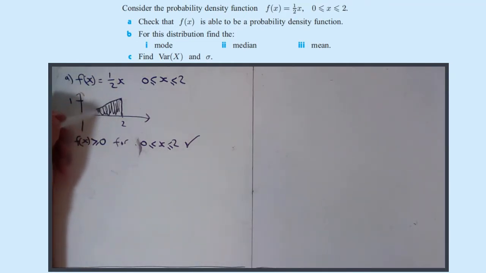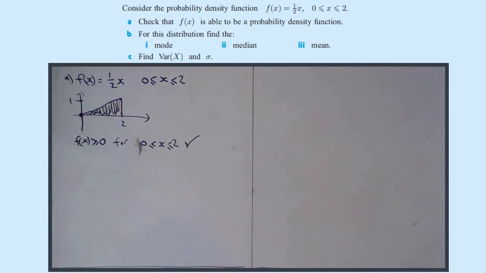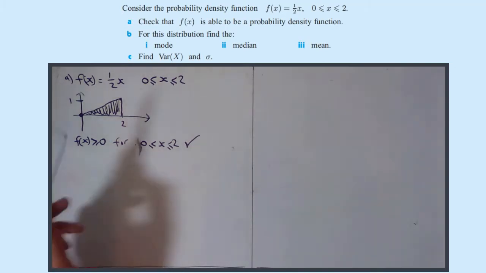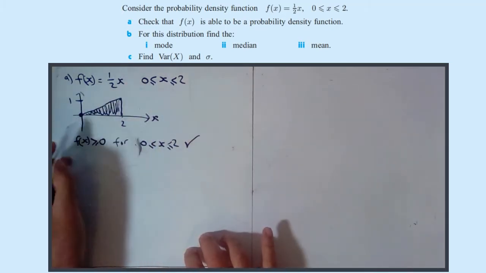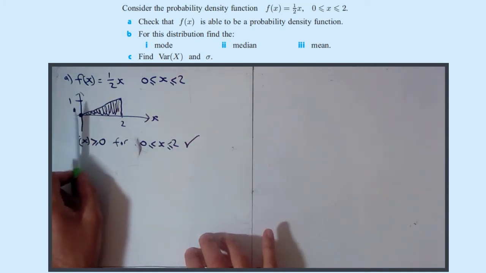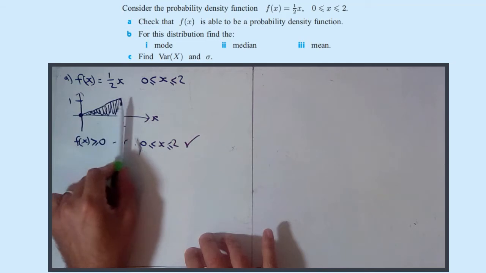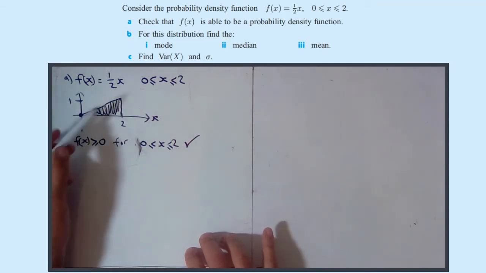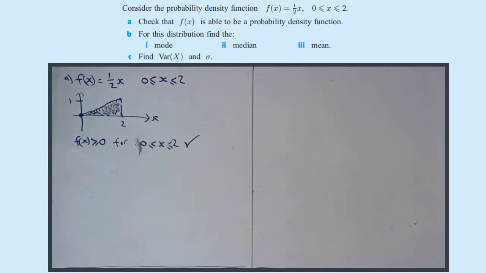Because for a probability density function for a continuous random variable, the probability is the area. If this continuous variable can take any value between 0 and 2, and that's all the possibilities, then this area should be 1, because a probability of 100% is 1.